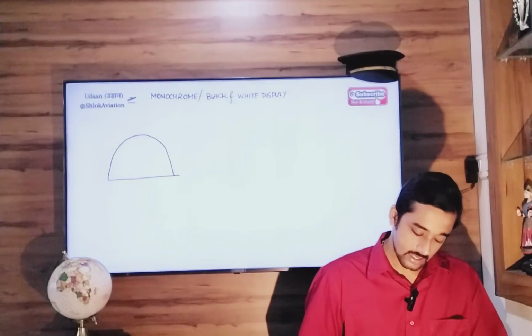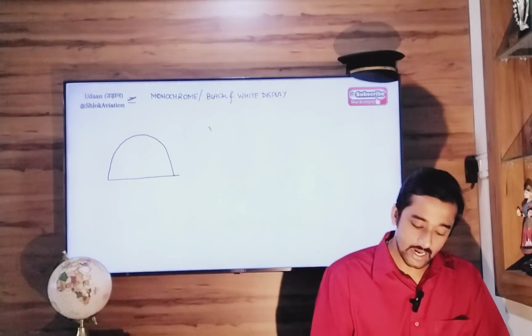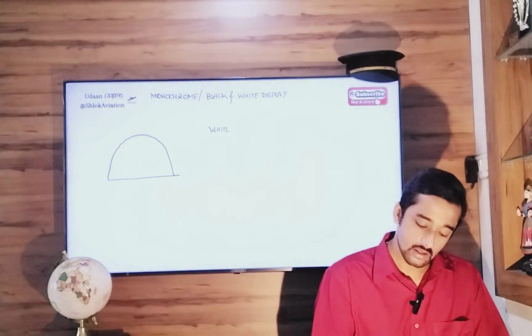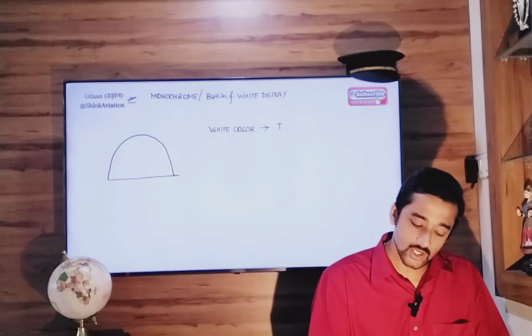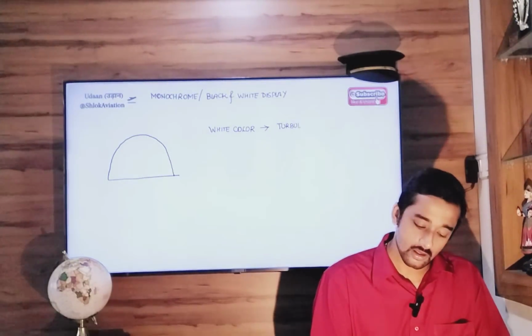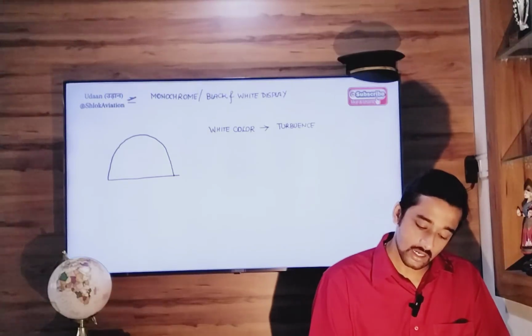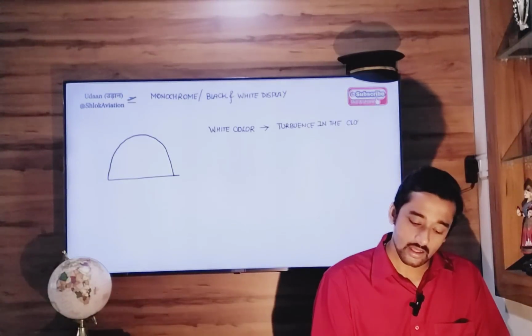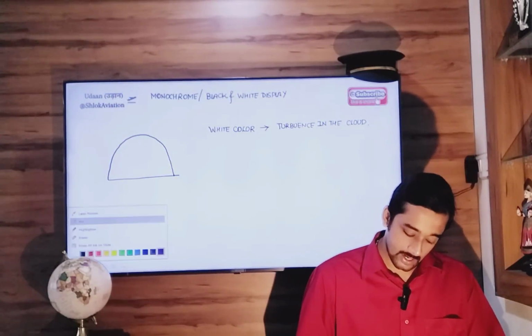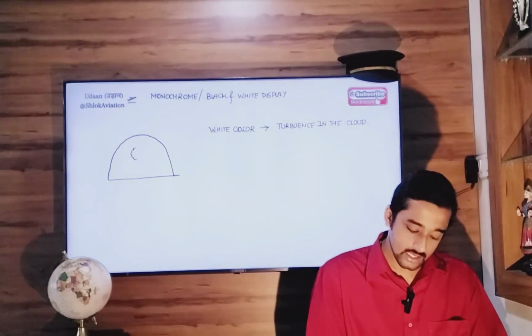Here, the white color means presence of turbulence in the cloud. It will be surrounded by a black color boundary like this.